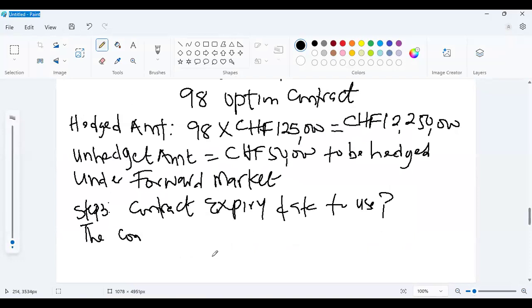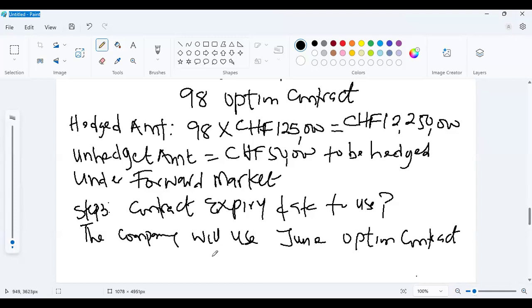The company will use the June option contract.